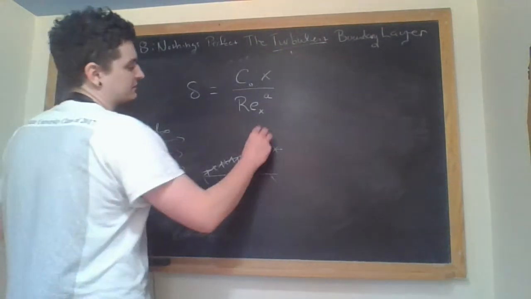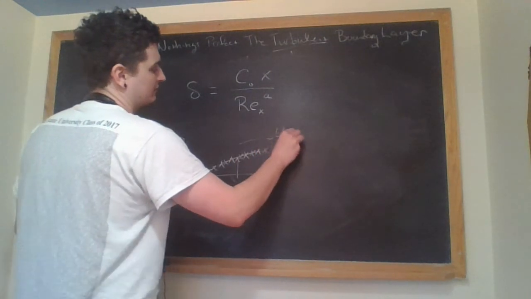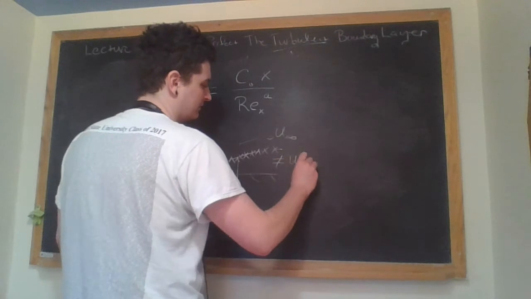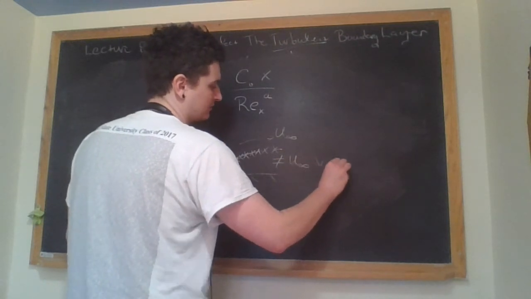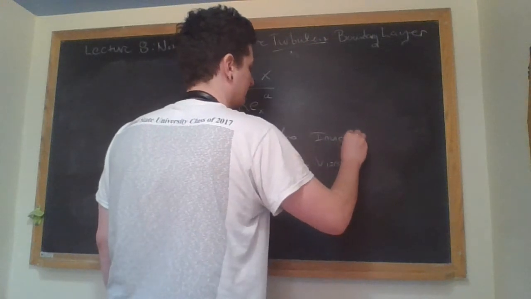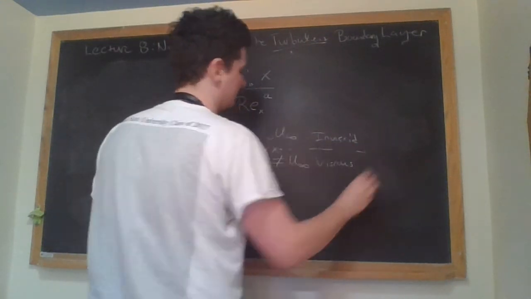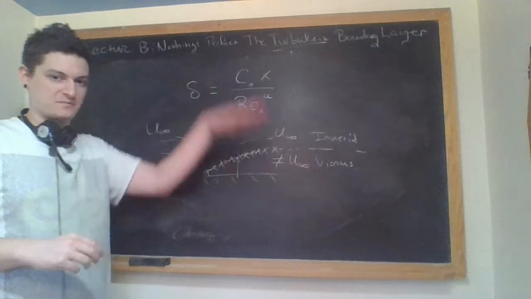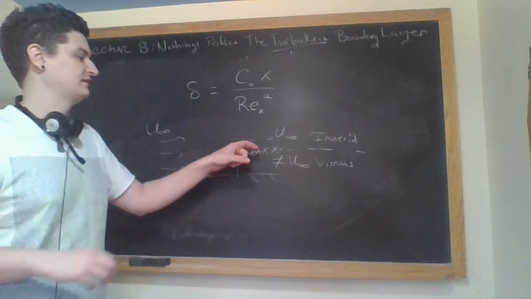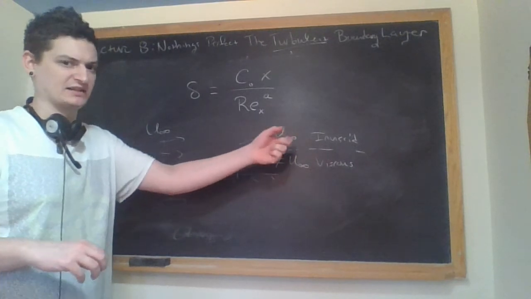And you can do it because, right, you know that right over here, this is all U infinity. As soon as it becomes not U infinity, I'm in the viscous part. So this is inviscid. So you could go from top down, and then you would get that millimeter distance as soon as this quantity starts drastically changing.